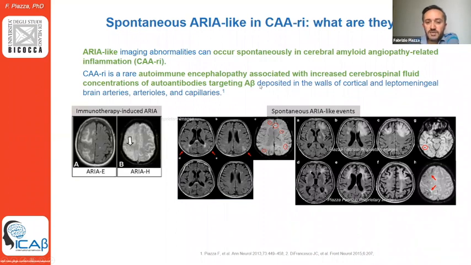We found an increased production and presence of this antibody in the CSF of these patients during the acute manifestation of the same radiological manifestation that mimics the ARIA-like. So CAA-ri is reflecting the same iatrogenic imaging abnormalities that we see during ARIA events after treatment with a therapeutic antibody.